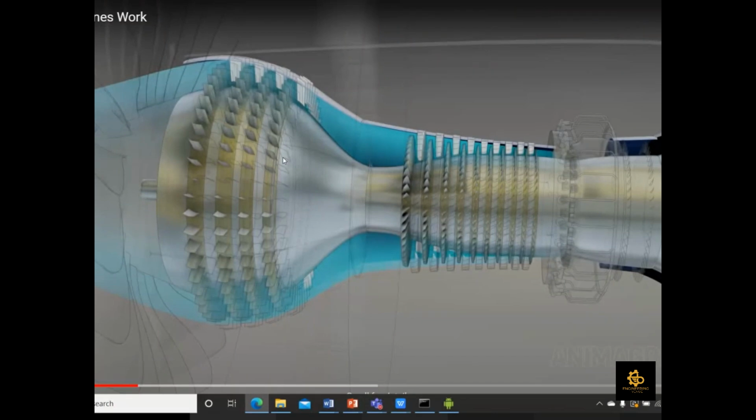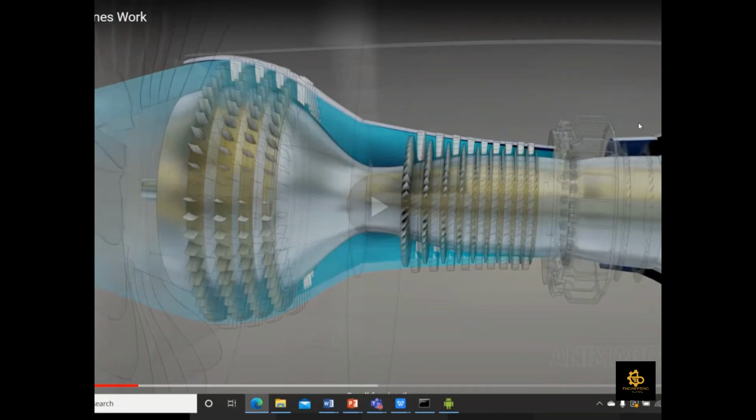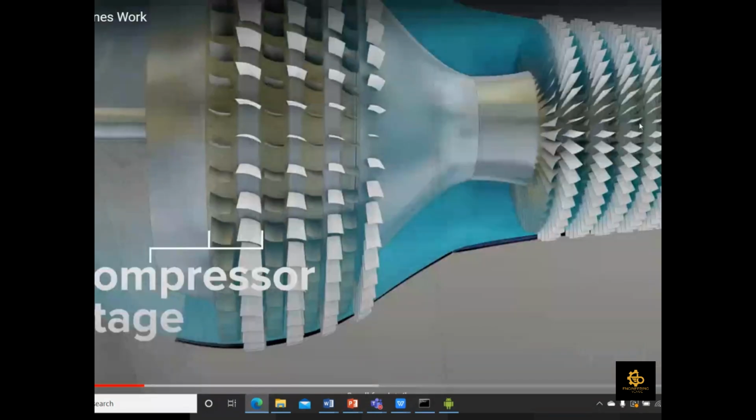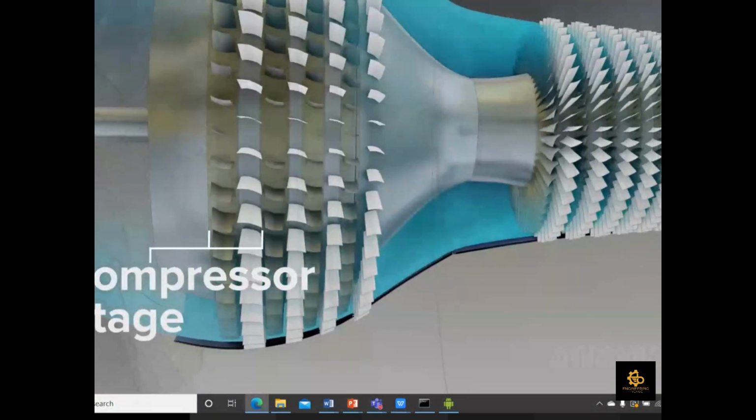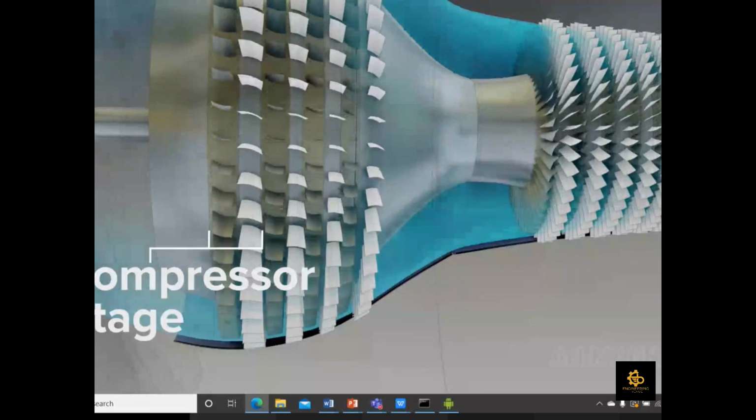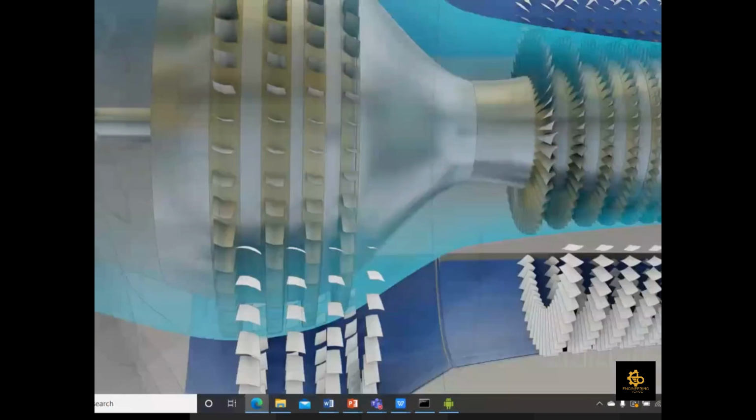Okay, so what is the purpose of these two sets of blades? These two sets of blades are there in order to increase the pressure. As the air passes through these blades, the pressure will increase until it reaches this section. So that's why we have to use multiple sets of blades for this, and we call them stages.